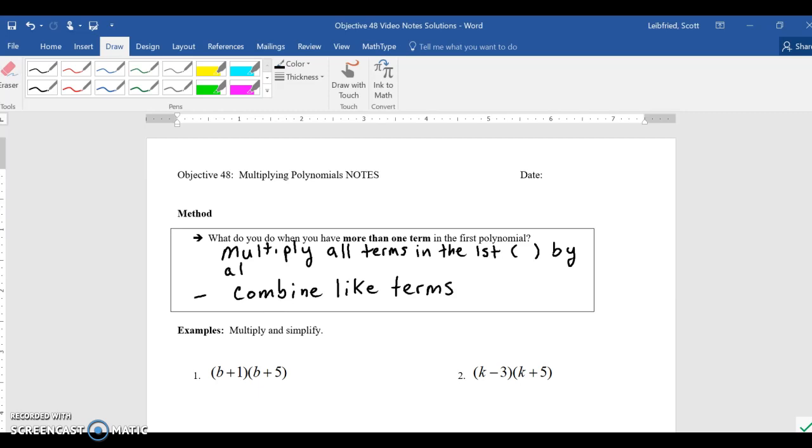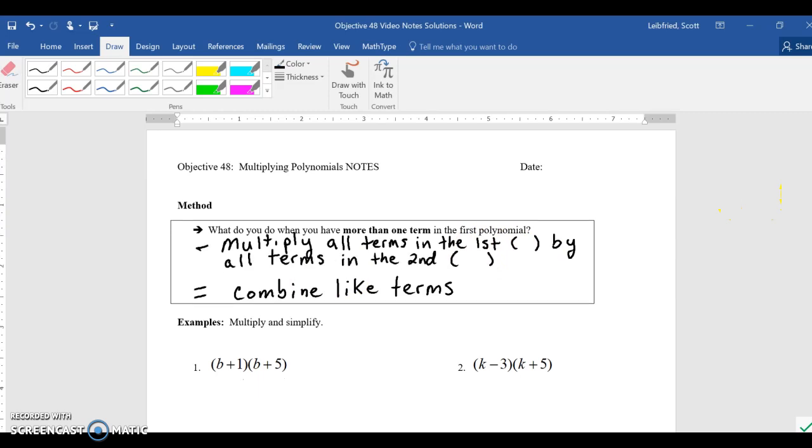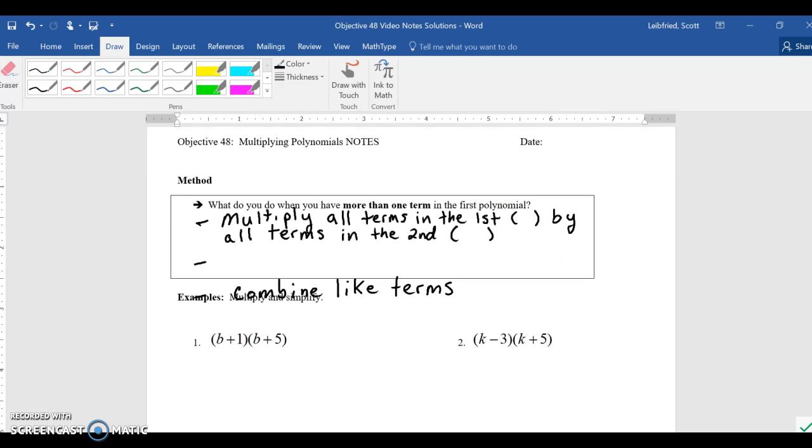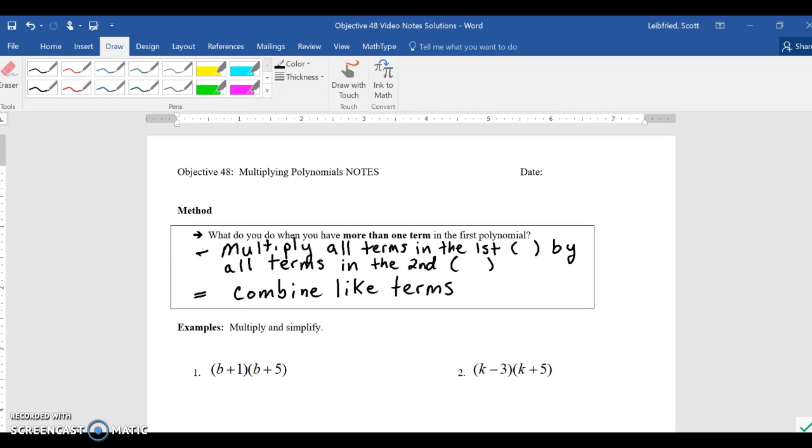So let's get started. Take a look at the examples. It says multiply and simplify. So in number 1, we're going to take the quantity b plus 1 and multiply it by b plus 5. So you'll notice in the first parentheses there's two terms. There's b and there's plus 1.